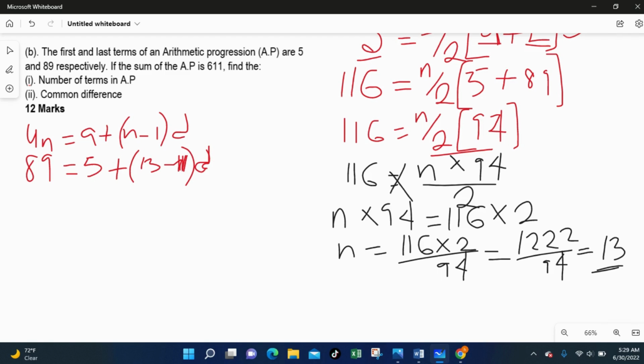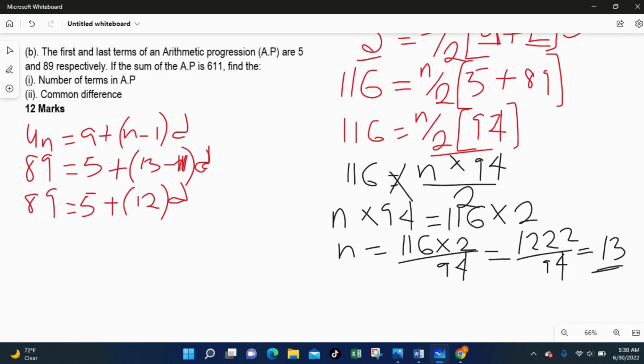So we'll have 89 equal to 5 plus 12 times d. The one good thing about mathematics is to note the terms that we are given and the terms we are not given, and seek a formula within that range that you can use to solve the question.